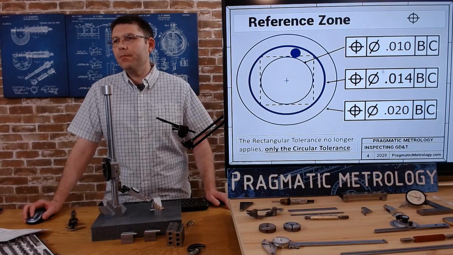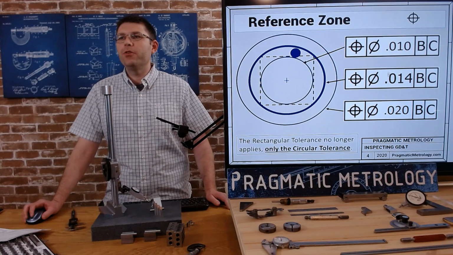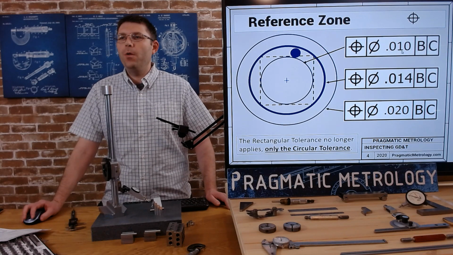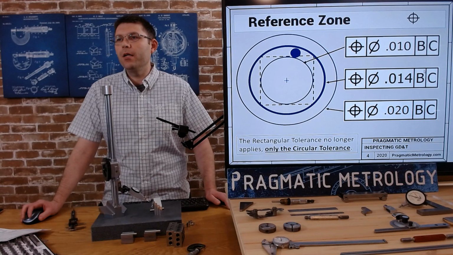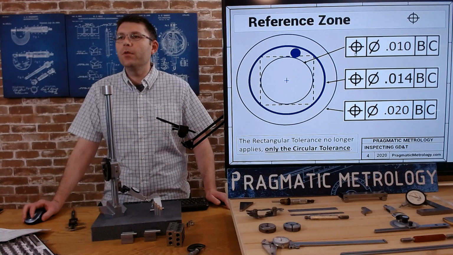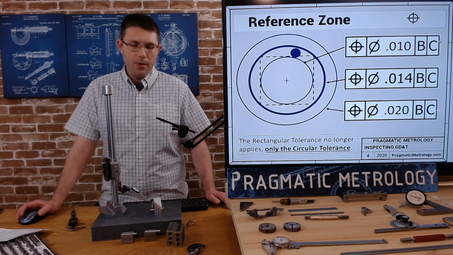I may have implied that some of these are maximum material defined and none of these are. These are just the engineer wants it controlled within a 10,000th diameter, a 14,000th diameter, or a 20,000th diameter. And they could add maximum material. They could add a third datum if they wanted to. So just be aware of that and learn how to read your feature control frames.